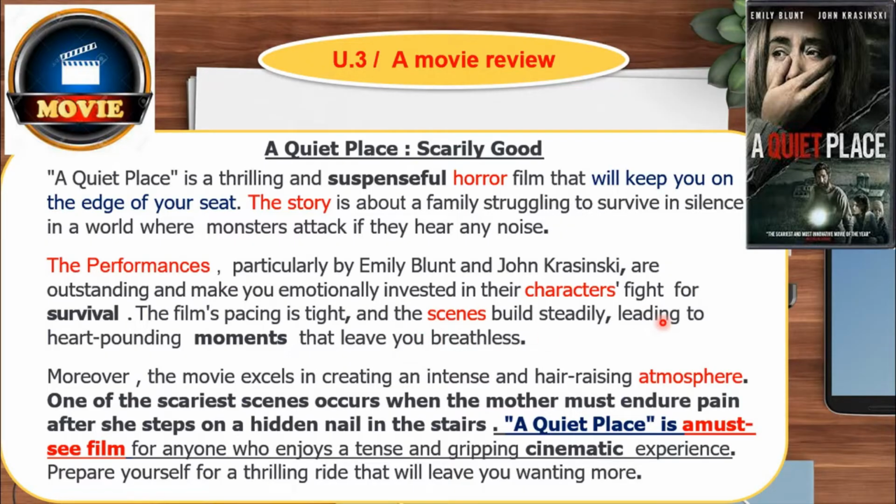You have to highlight them in your review. Keep in mind to cover all of these elements: the genre of the movie, I mean the kind of the movie, the story, the performance, the characters, the scenes, the atmosphere, and of course you have to mention your recommendation at the end of the review.